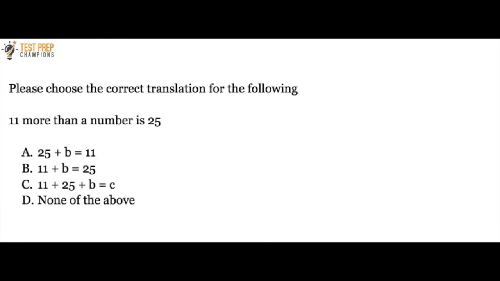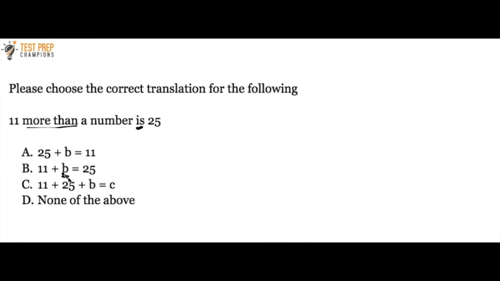Okay, so one thing to note here is that the word "is" can often be translated into an equal sign. So in this case, we have 11 more than some number is 25. Now, we don't know what this number is, so when we do the translation, we're just going to put a random letter or variable in the place here.